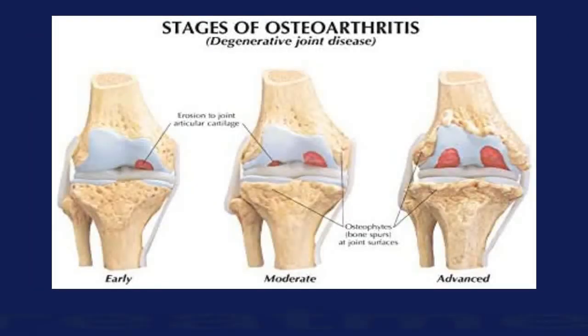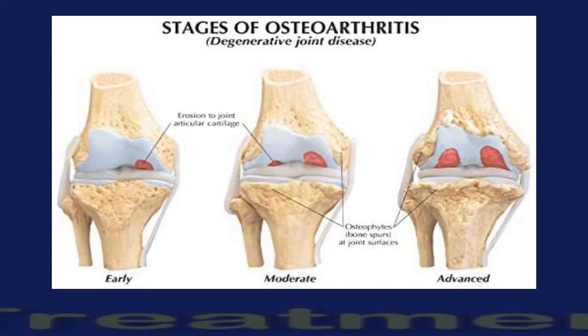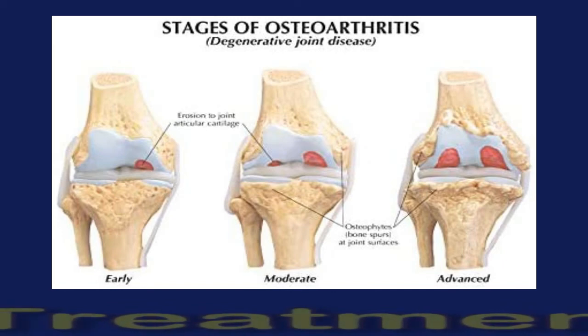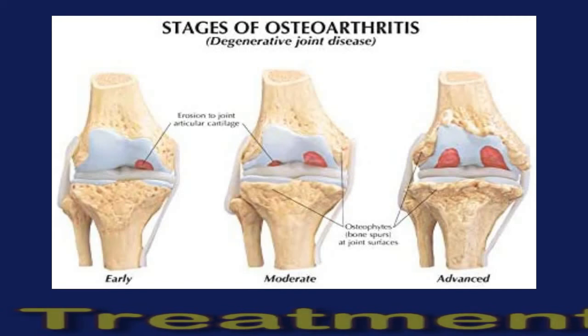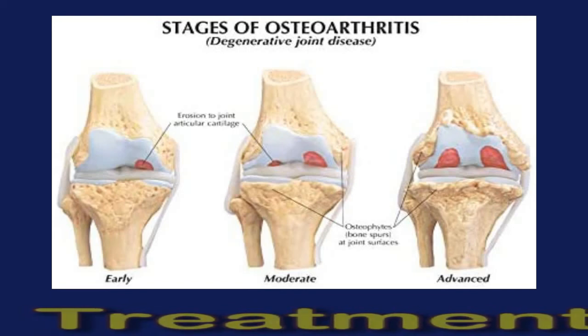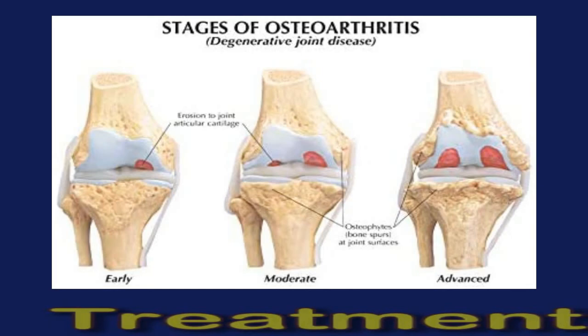Treatment. There is currently no cure for osteoarthritis because cartilage cannot be replaced once it has eroded. The optimal treatment for tricompartmental osteoarthritis varies based on the severity of the condition. Treatment usually involves managing symptoms, preventing progression of the disorder, or surgery.